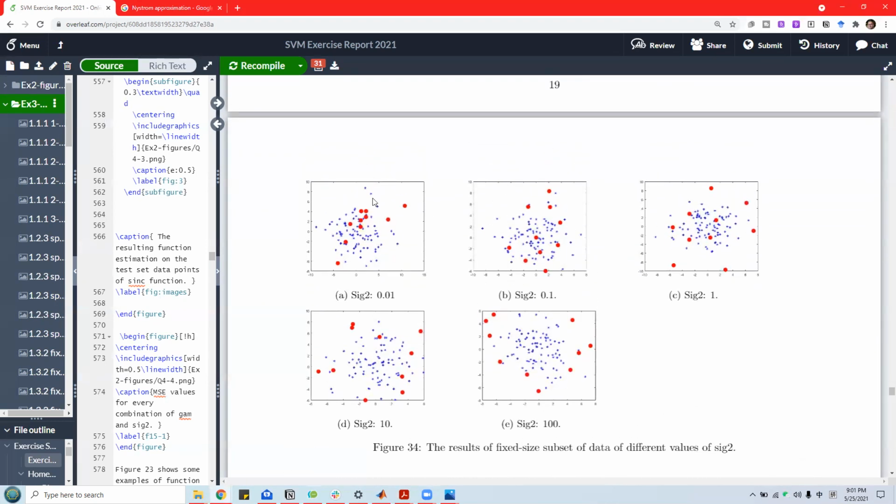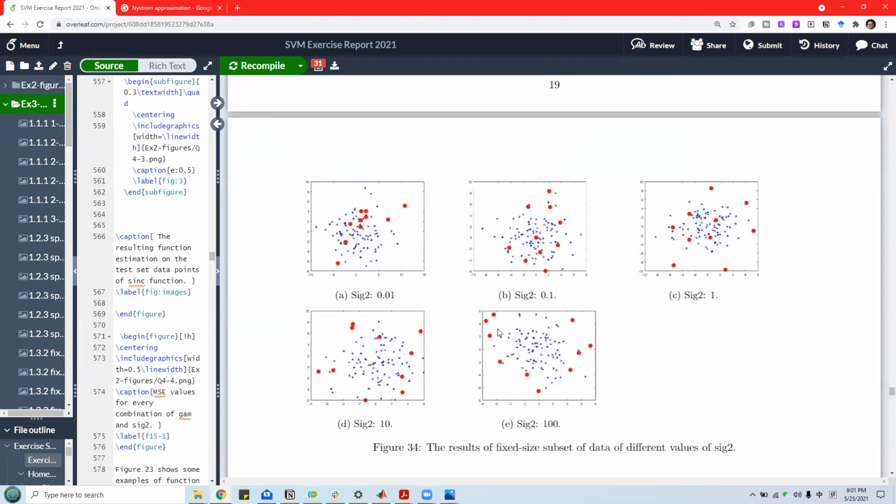And then you are choosing these points to try to represent the whole data set, basically.